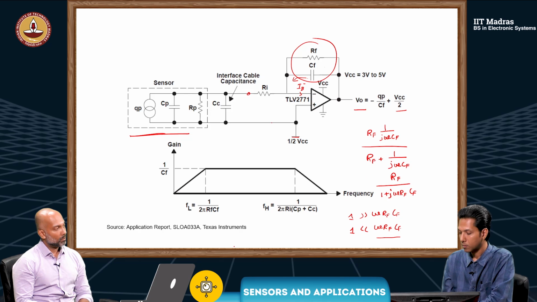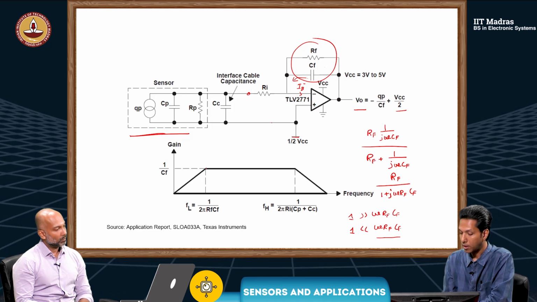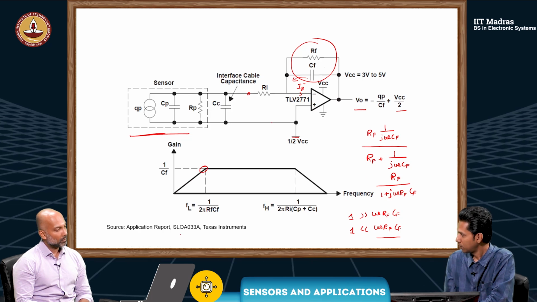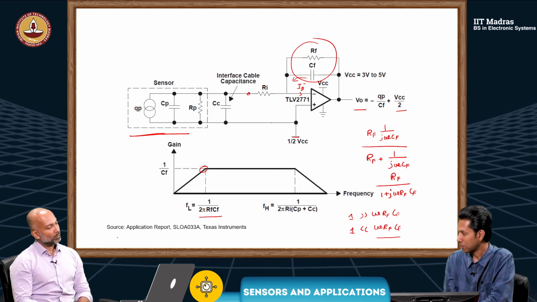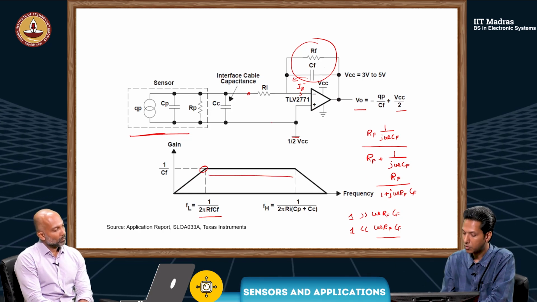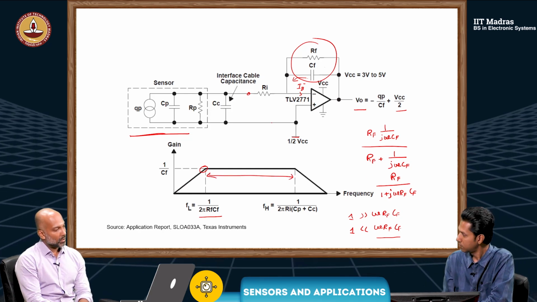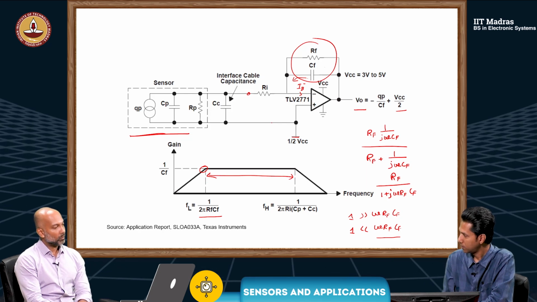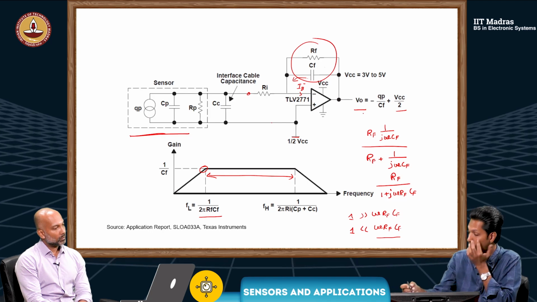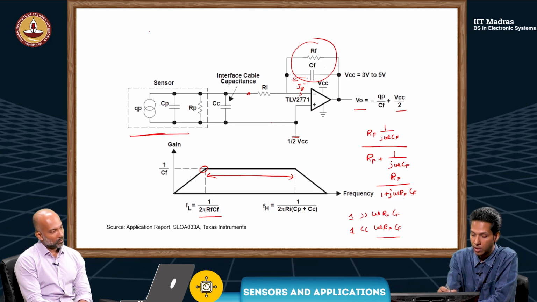That is how you get this point, 1 by 2 pi RF CF. Frequencies higher than that are what we are interested in, because it's constant gain. All the charge that is generated here is converted into a voltage here. So, you actually call it a charge amplifier.